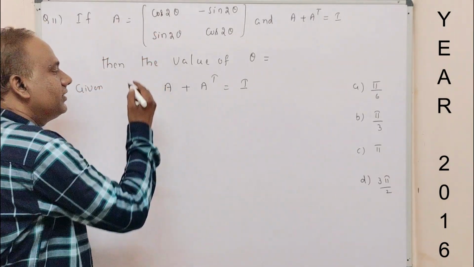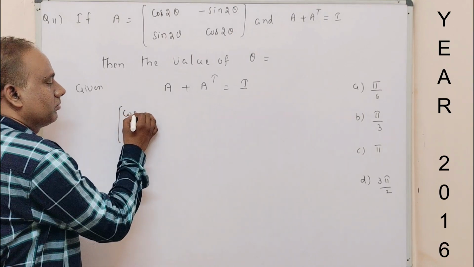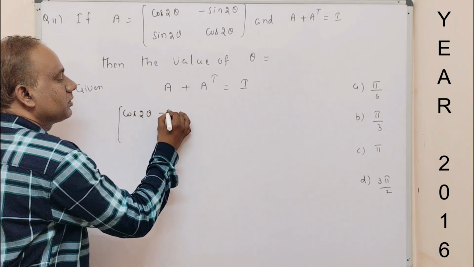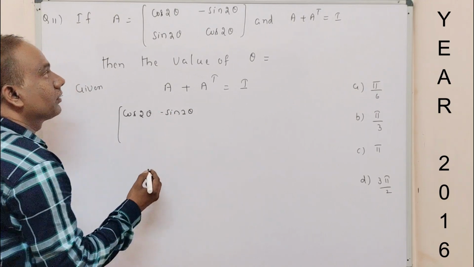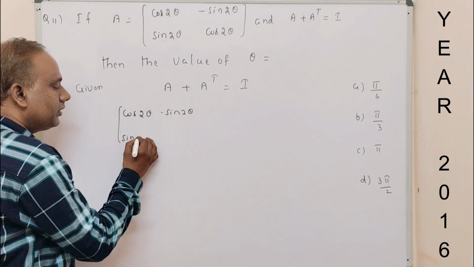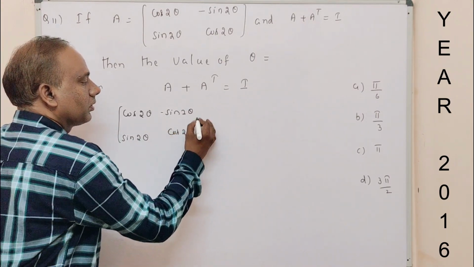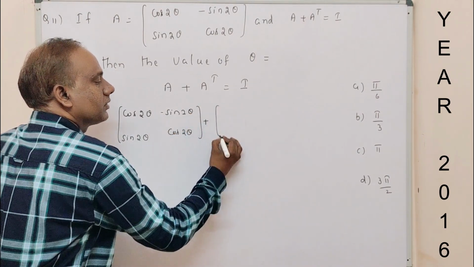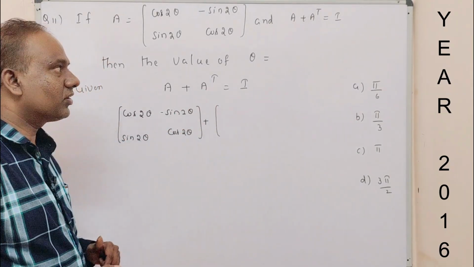So here A is [cos 2 theta, minus sin 2 theta; sin 2 theta, cos 2 theta] plus A transpose. A transpose means interchanging rows and columns.